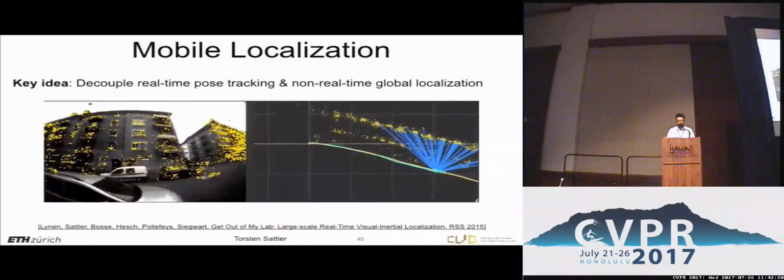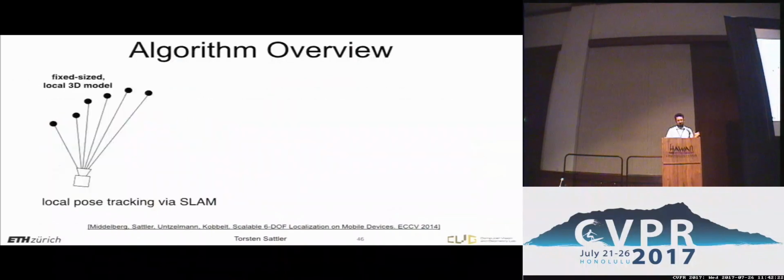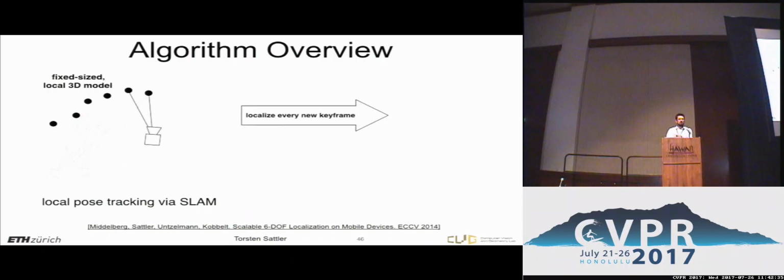So the general outline of this algorithm is you have this fixed size 3D model locally that you use for tracking, and once you get to the edge of that model, so you need to extend this model, you take this keyframe and then try to estimate the pose of this keyframe globally.